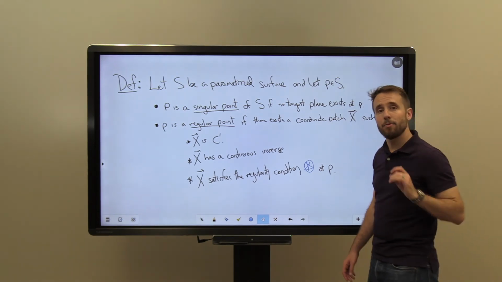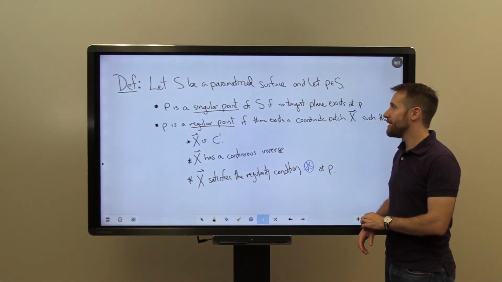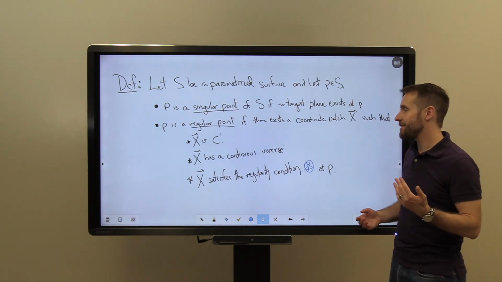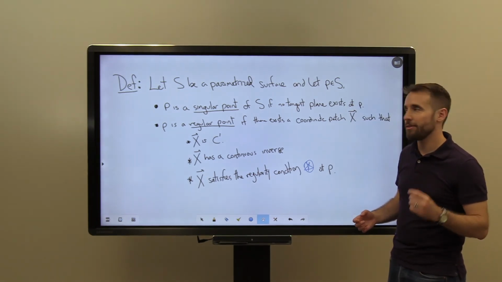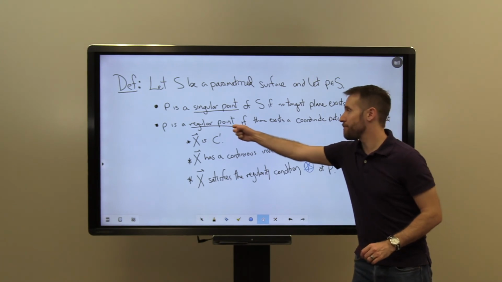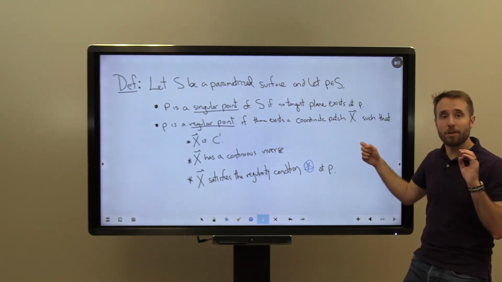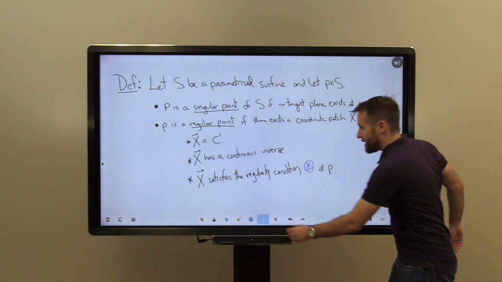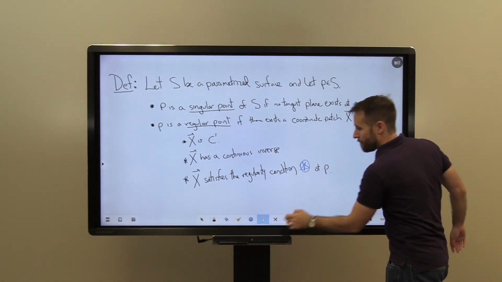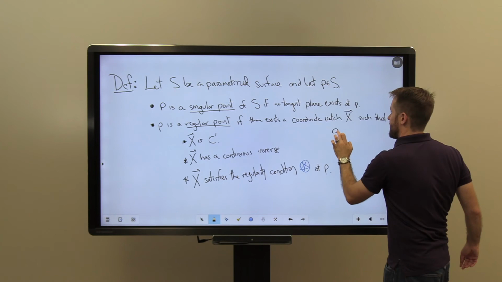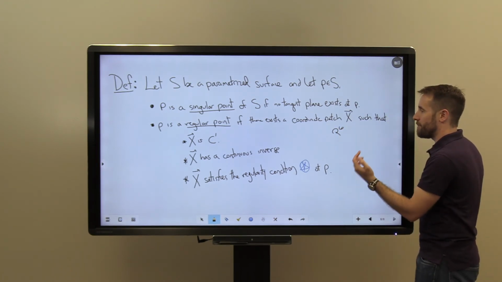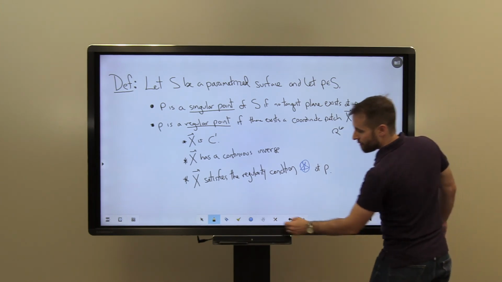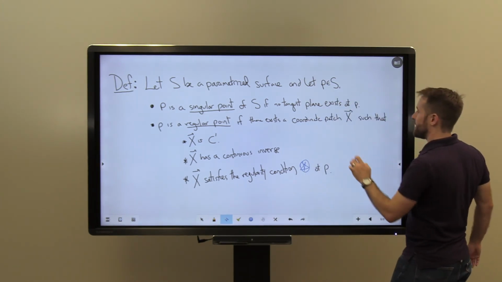At the same time, we'll say that P is a regular point if the following things happen. And this all amounts to us having a nice surface there. Specifically, our point P is a regular point if we have a coordinate patch assigned to it. And P should be in the image of this coordinate patch. I'll actually erase what I wrote; that's not as clear as I wanted it to be.